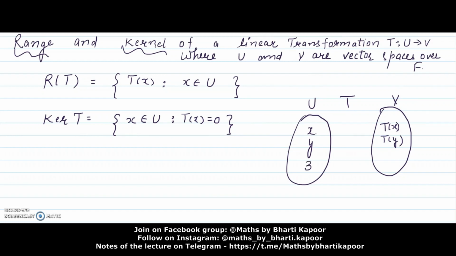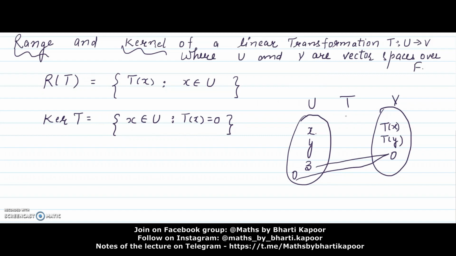Suppose there is another element z whose image under T is 0. There is a fixed element in U whose image under T is always 0, and z is another element whose image under T is 0. So the collection of such elements whose image under T is 0 is called kernel T.